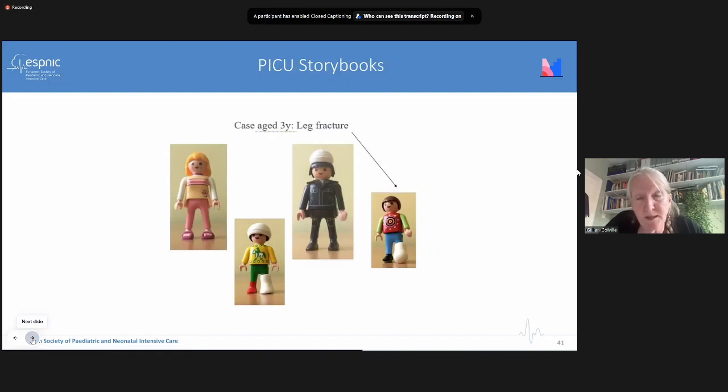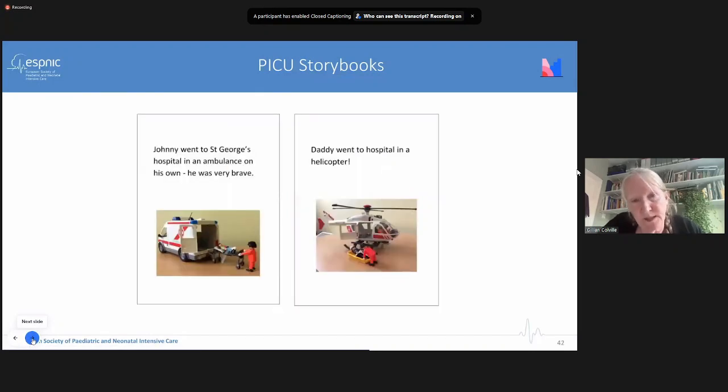Clinically, we make books when a child's been through a lot. This was a particular child who'd broken his leg in a road accident, but his parents had been much more seriously injured, and his brother. Sometimes we'll use little figures to explain things to children and make books for them to help them understand what happened. So these are individualized storybooks.